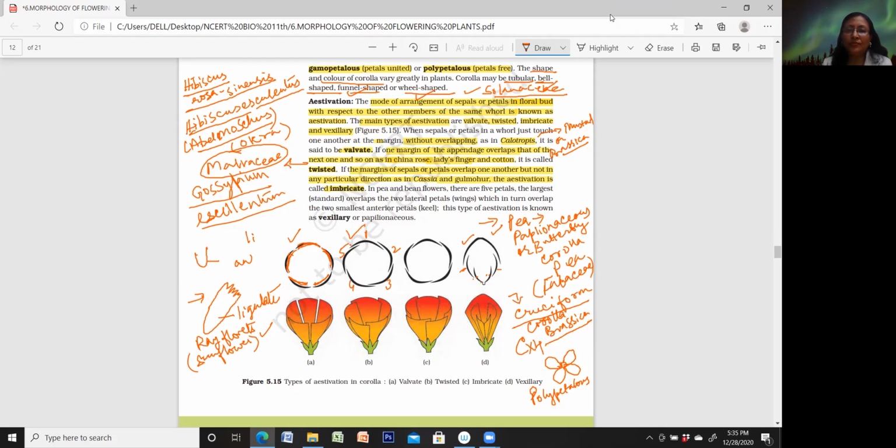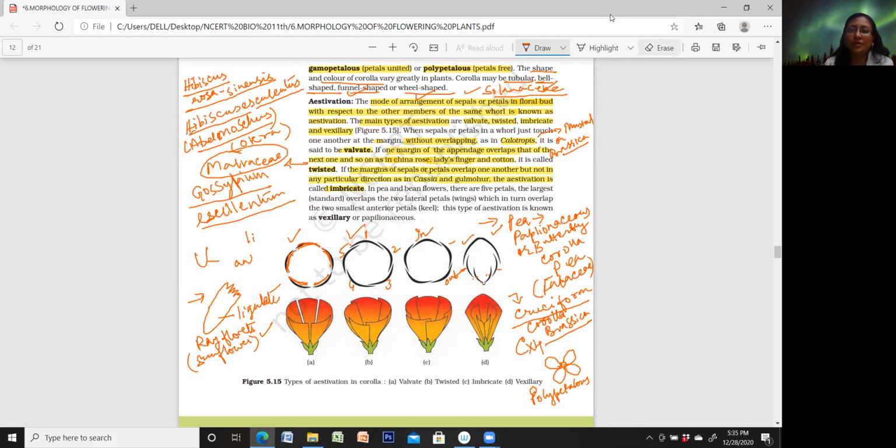Look at the imbricate, though the definition of imbricate is not too good. Rather, imbricate is when one petal is completely out, as you look at the diagram, one petal completely in, and the rest three are partly overlapping.